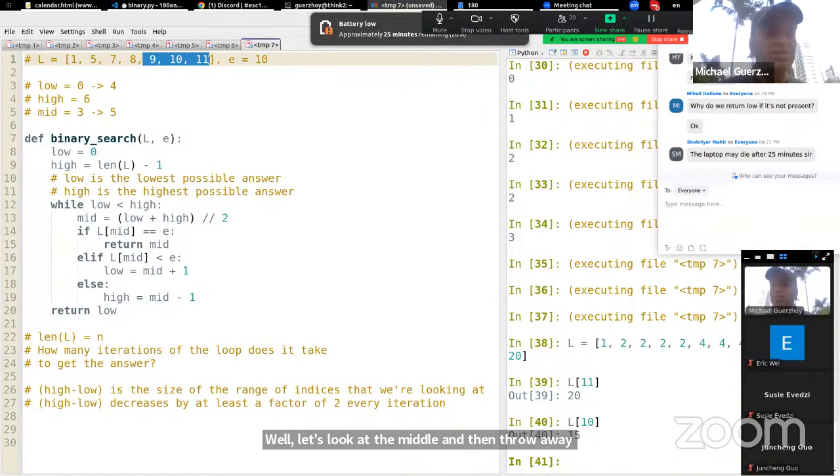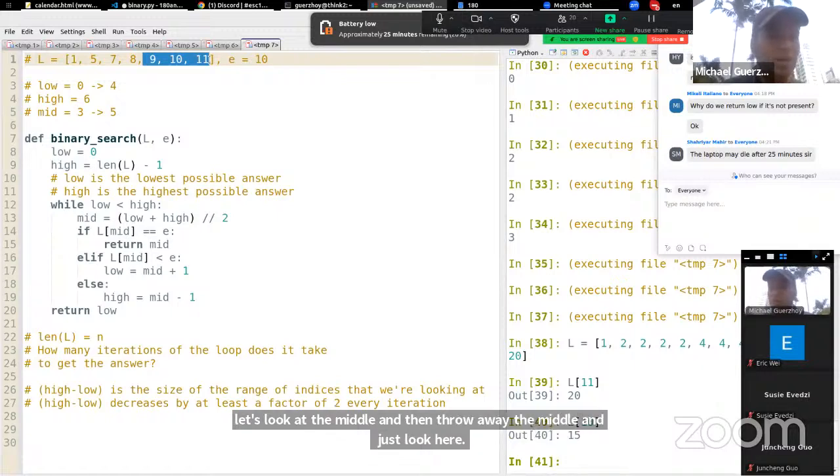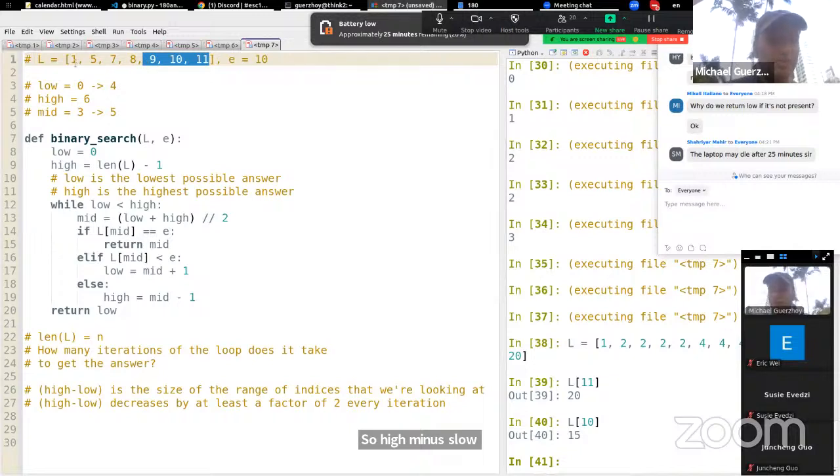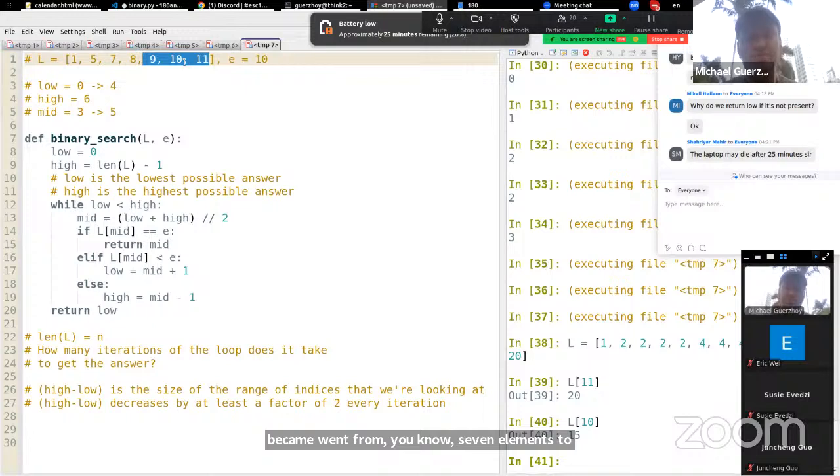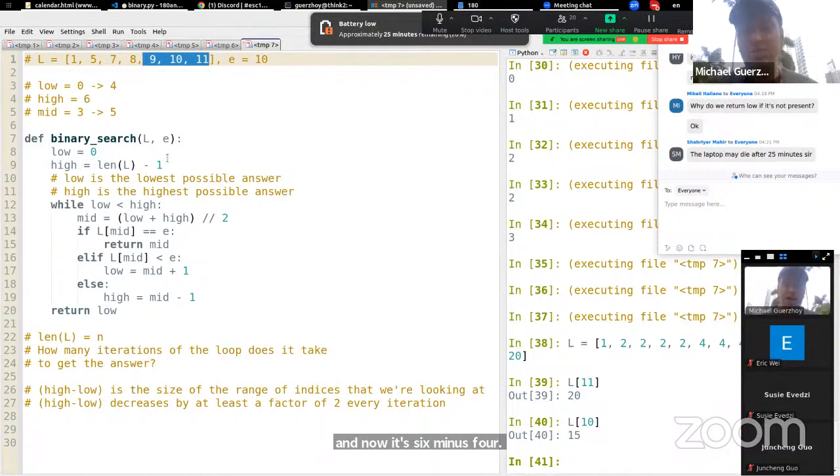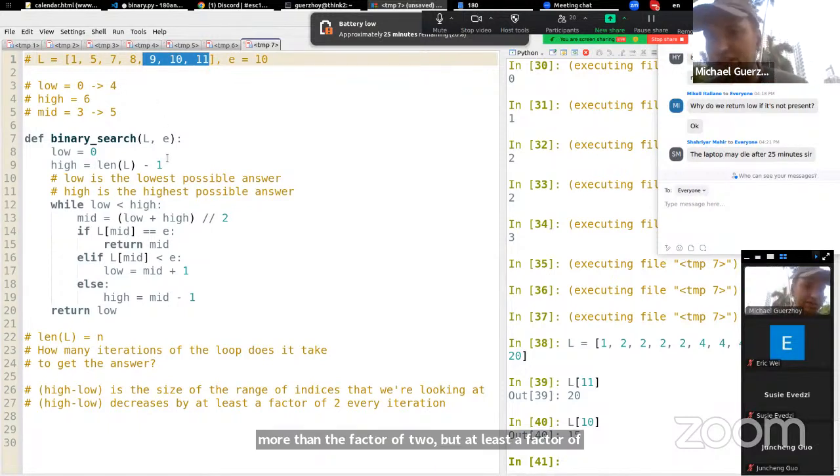So high minus low, in this instance, went from 7 elements to 3 elements. So in this case, high minus low used to be 6 minus 0, and now it's 6 minus 4. Right? So it's more than a factor of 2, but at least a factor of 2, because high minus low is at largest the list that we're looking at. Okay.